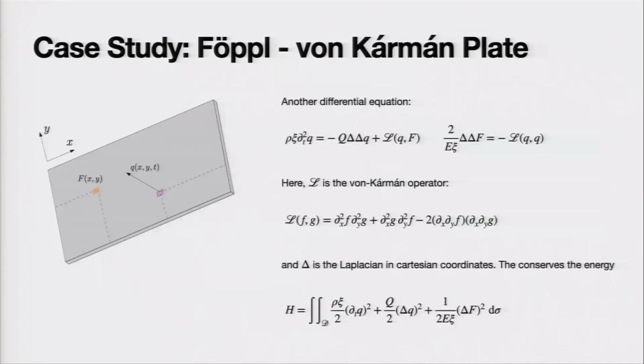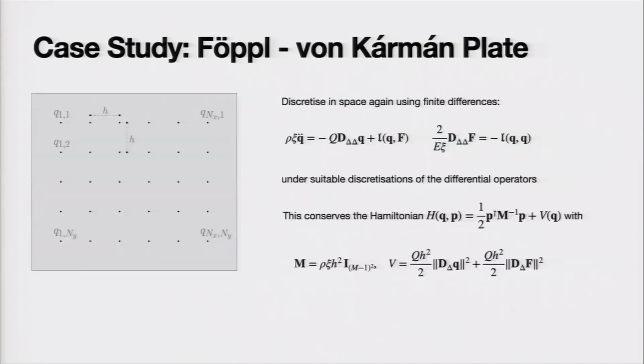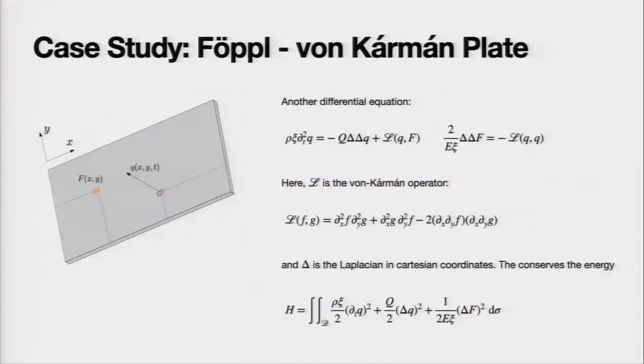Last example, then I'm done. The von Kármán plate, which is also a system that I worked on a lot during my PhD, and Tomatic too. So this is a good point of contact. Again, you have complicated differential equations that define this system, which is completely nonlinear.